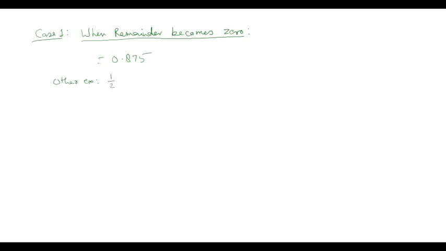Other examples are like 1 by 2, whose decimal expansion is 0.5. 1 by 4 has decimal expansion 0.25. Another example, 31 by 25, has decimal expansion 1.24. 3 by 5 has decimal expansion 0.6, etc. Here all the remainders are 0 at certain steps, so in all these cases the decimal expansion terminates after a finite number of steps.